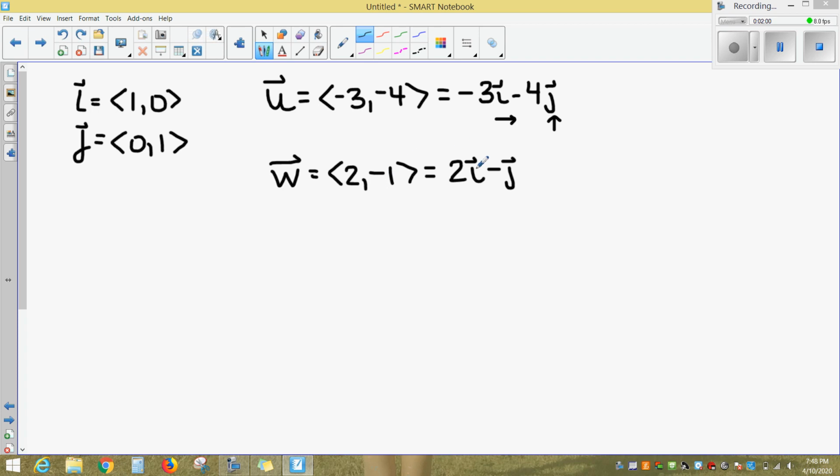If your author asks you to write it in terms of the unit vectors, you keep these same 2 numbers, and you put an i with the x component and a j with the y component. So maybe I have the vector w that looks like 2i minus j, meaning I've gone straight to the right a certain amount, and I've gone straight down a certain amount.